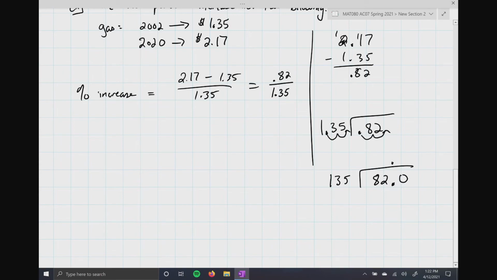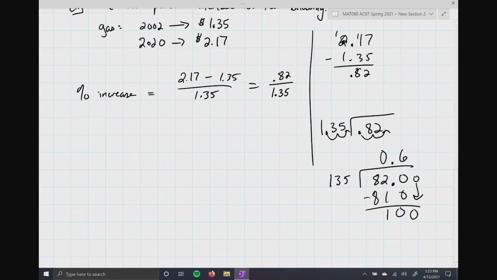Now, 135 does not go into 82. But how many times does it go into 820? Six times? So 6 times 135 is 810. So 820 minus 810 is 10.